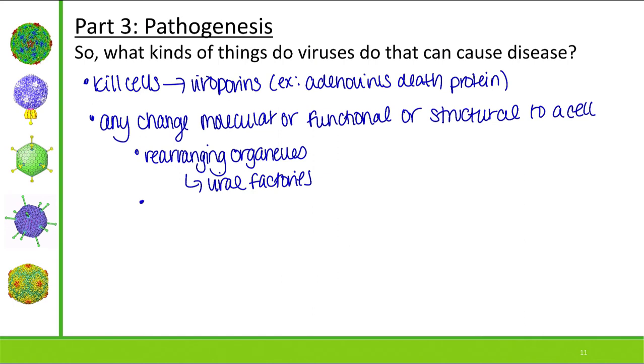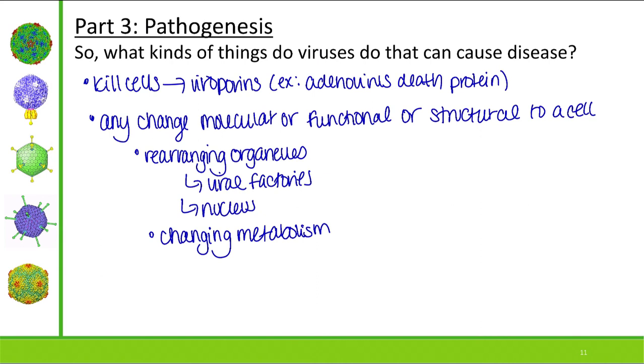This can also be the nucleus. So we see the nucleus changes. This can be changing metabolism. In the case of the hepatitis viruses, we talked about how prolonged changing of metabolism because of these viruses can lead to type 2 diabetes and can lead to fatty liver disease.